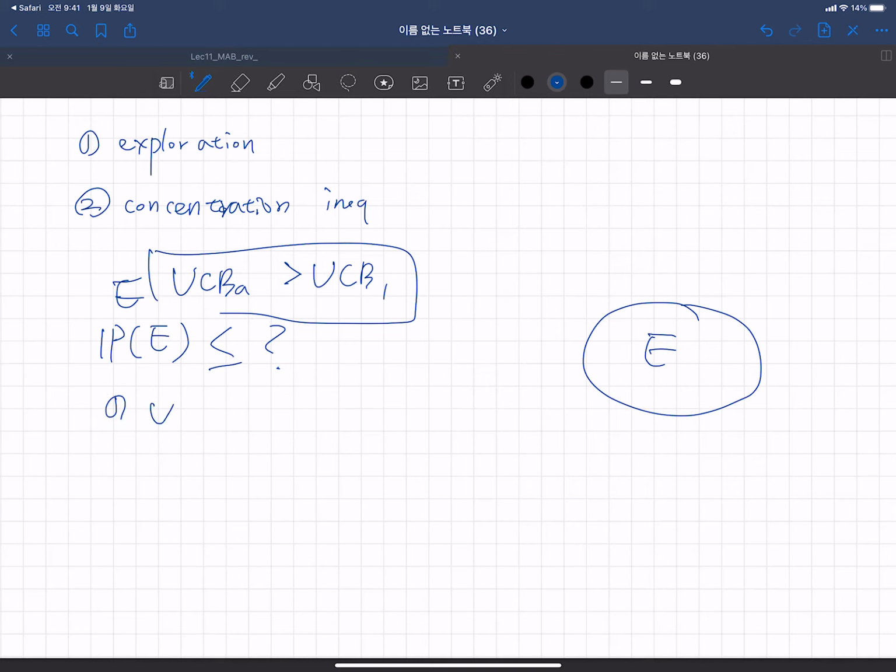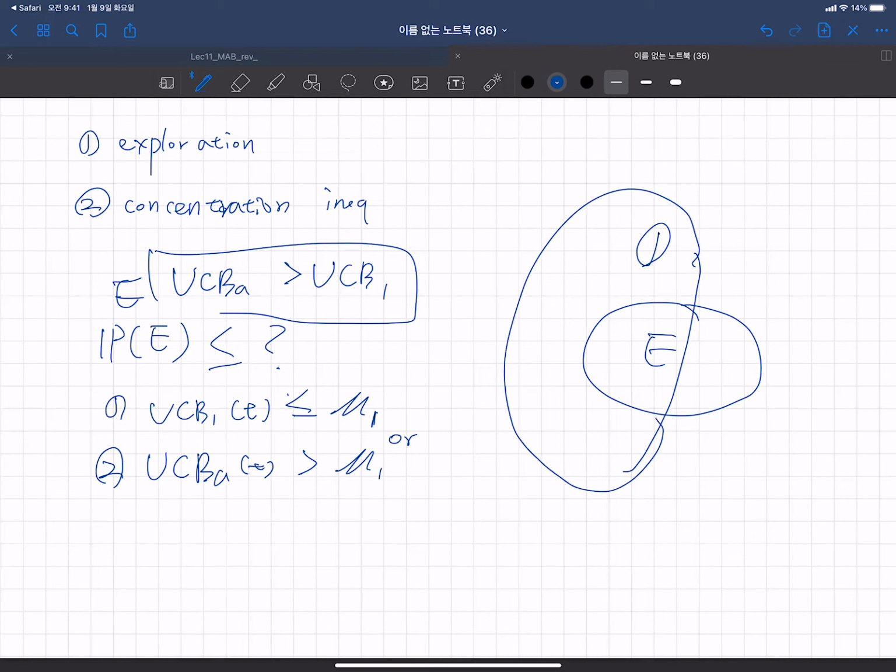Either UCB1 has very bad behavior, so this value is less than or equal to mu1 at time t. The second one is another case: arm A's UCB value is bigger than mu1. So this E condition has either the first part or the second part.